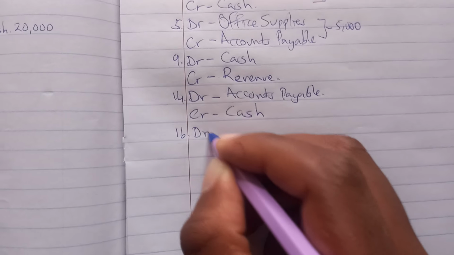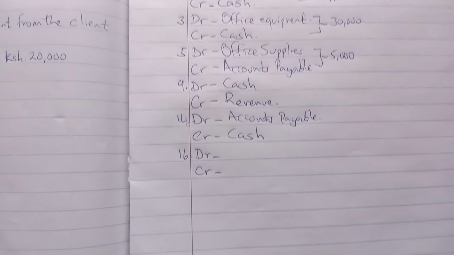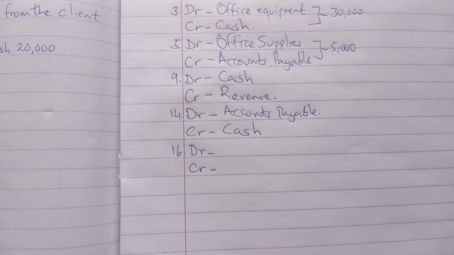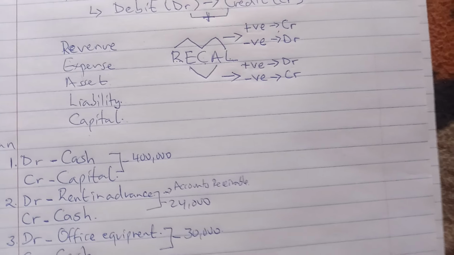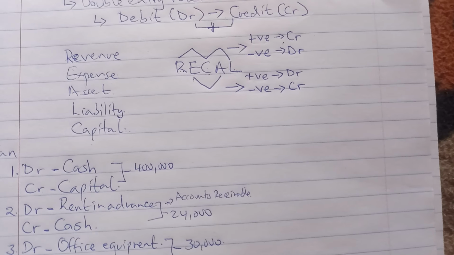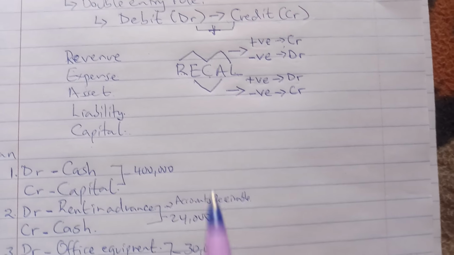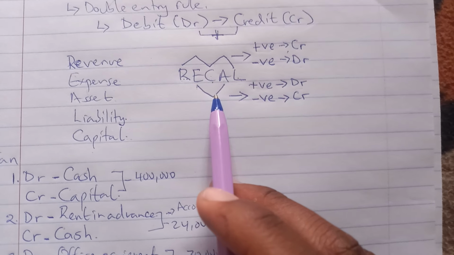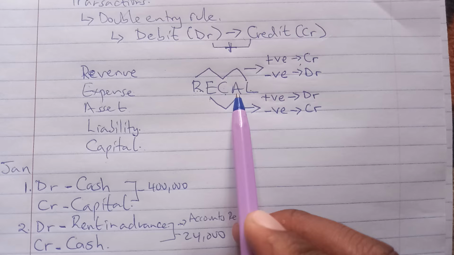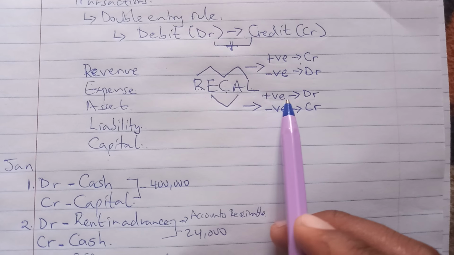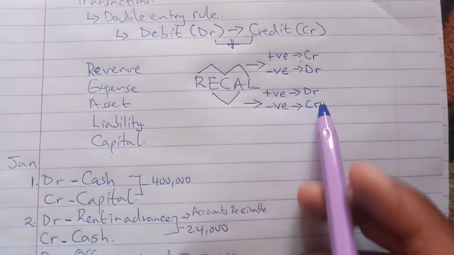January 16. So we didn't have a debtor, or rather accounts receivable, but now we have. And we said earlier that accounts receivable is part of an asset. Okay, so when an asset increases, we debit.